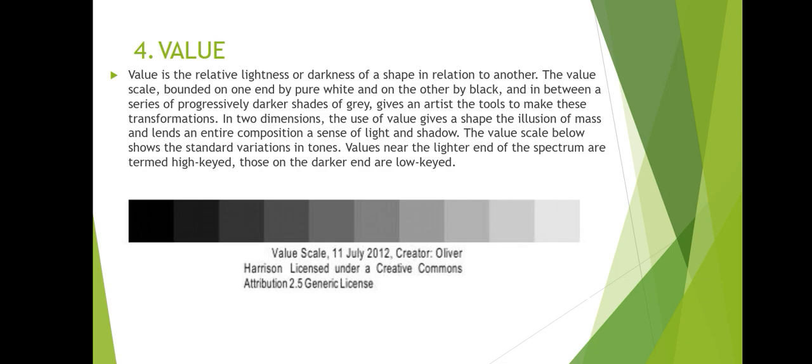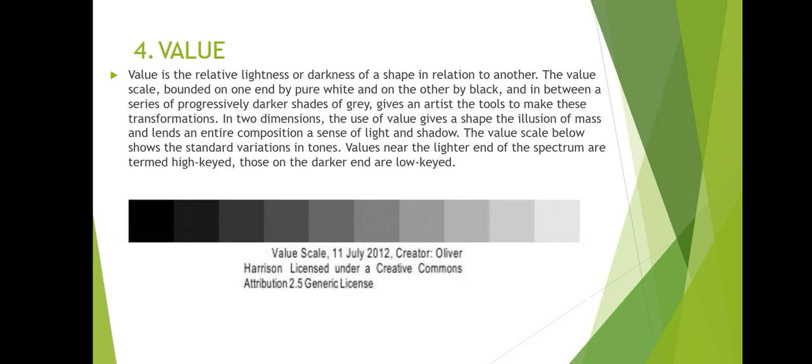Value is the relative lightness or darkness of a shape in relation to another thing. Value is what performs the effect you are going to use: dark, slightly dark, light, or bright.